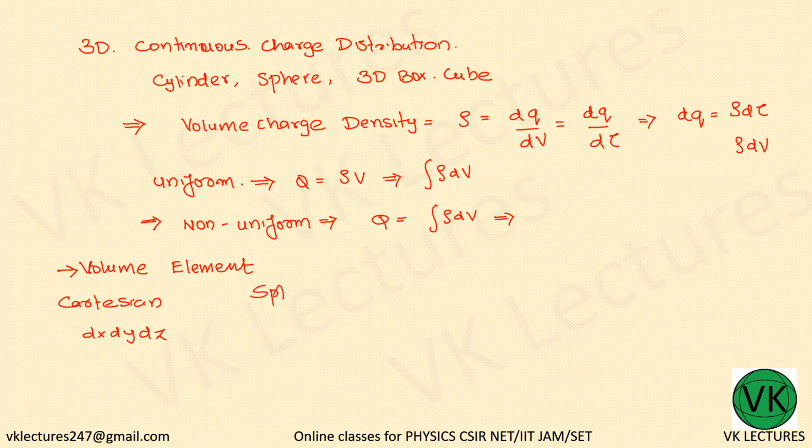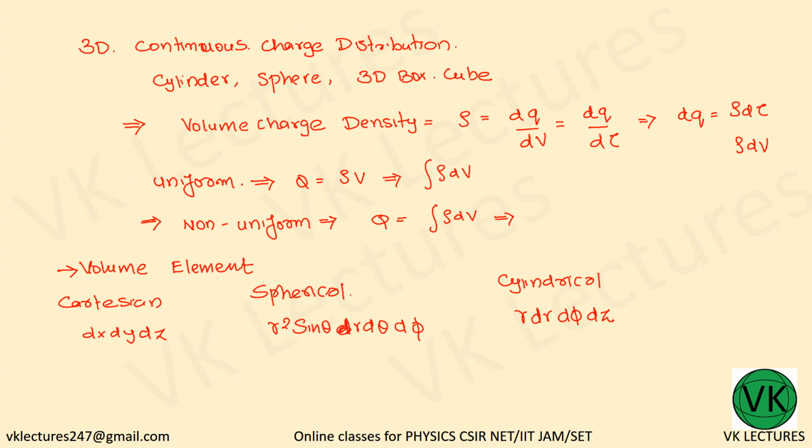For spherical, we have r square sine theta dr d theta d phi, and for cylindrical it is r dr d phi dz. So these are the volume elements in different coordinate systems.